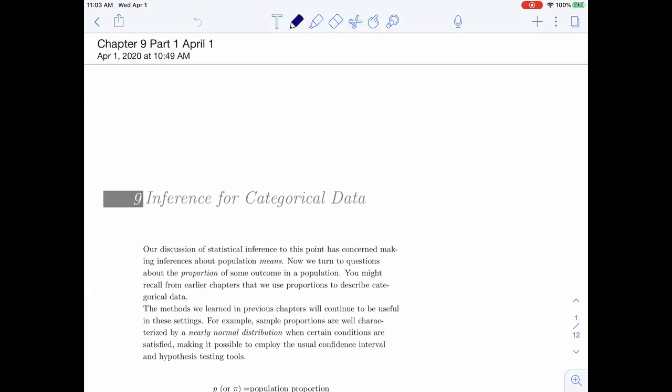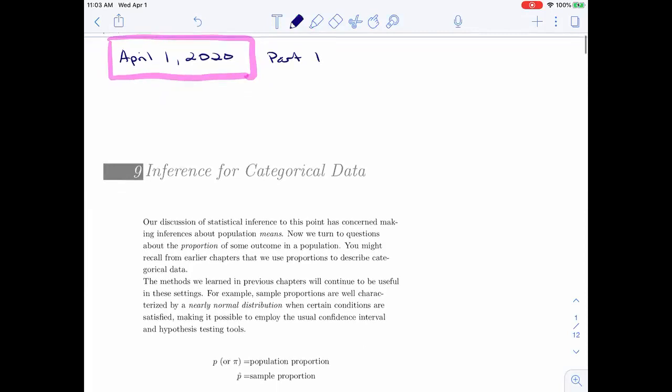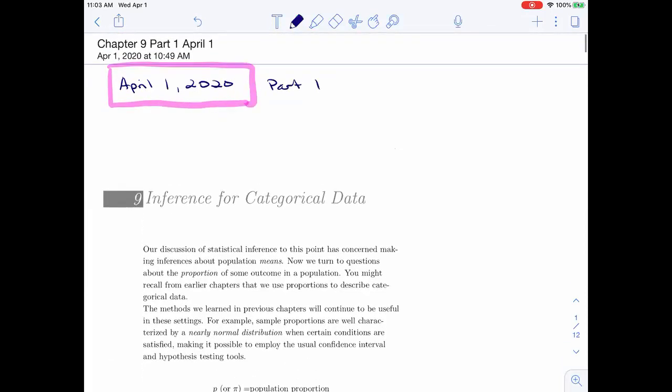So in that sense, it hasn't changed. What I'll do up here is say April 1st, 2020. This is going to be part 1, and then part 2 will be section 9.2.